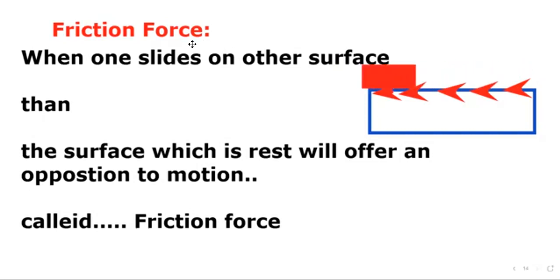So simply, friction force is always opposite to the direction of motion of the object. Suppose the red one is going in this direction, then the friction would be something like as it is drawn. If the object is sliding in this direction, then these frictional elements will tend in the opposite direction like this.